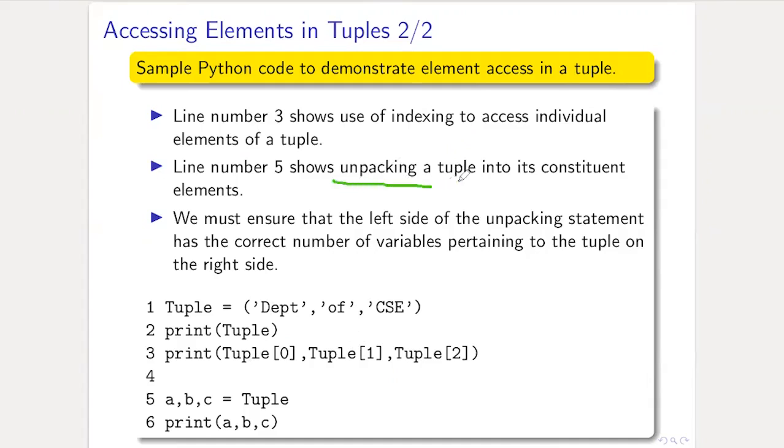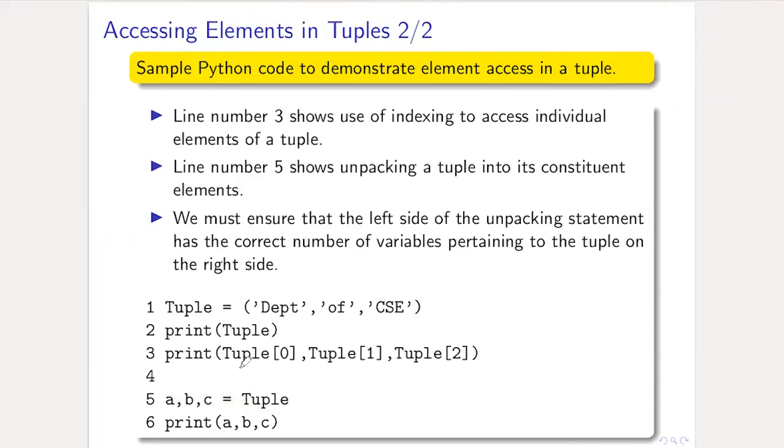We can also unpack the tuples if we know correctly how many elements are in the tuple. We can write these unpacking statements. Here I have given A, B, C, 3 variables indicating that they form a tuple, and on the right hand side I have the variable tuple. Now each corresponding element will get assigned to the variable.